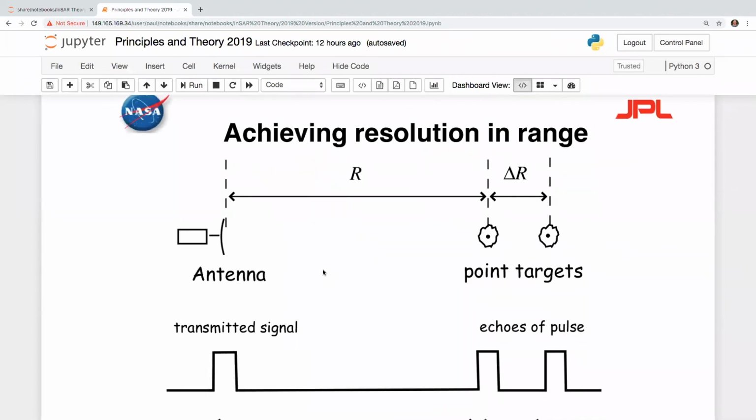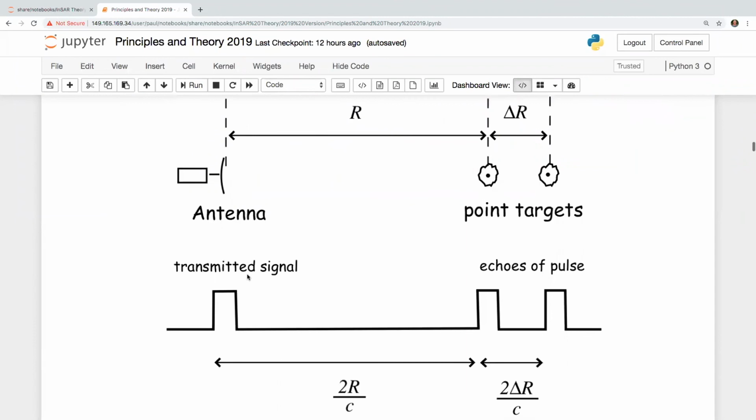So one of the magical steps is to try to build up resolution in the range direction. You saw that random image on the first slides. It didn't have resolution in either dimension. In the range dimension, we want to build up resolution too. And the simplest way to do that is to have a transmitted signal that is infinitesimally narrow in time, so that if you have 2 points on the ground, you transmit your signal, it propagates at the speed of light, bounces off of the first one, some of the energy bounces back, continues propagating, bounces off the second one, some of the energy comes back.